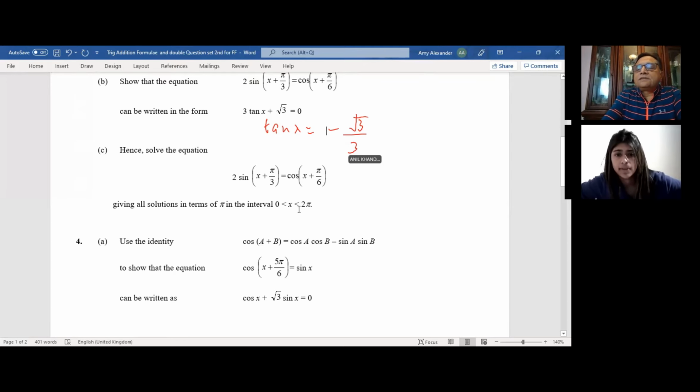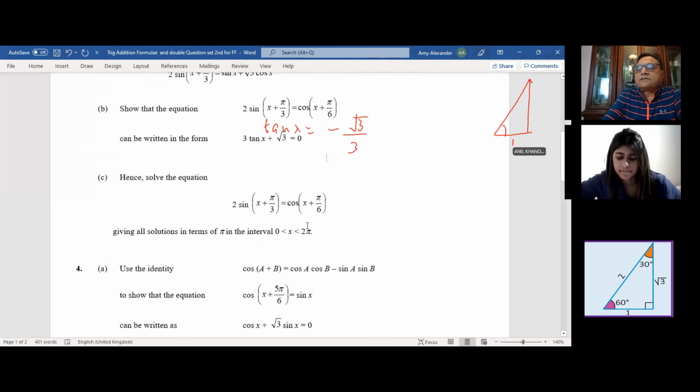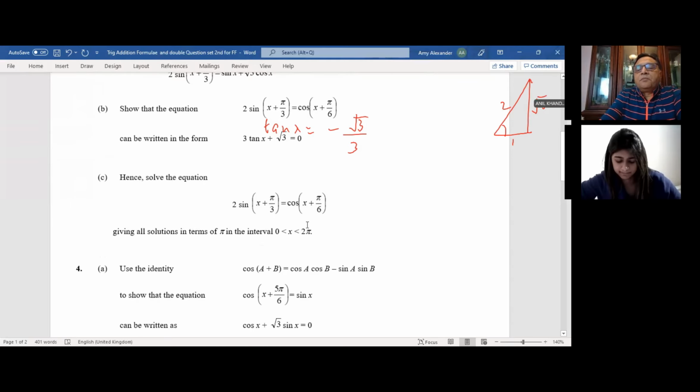Correct. So that is this particular triangle, which gives you again the same answer, square root 3. So tan is minus 1 over square root 3, right? That means we are looking from this angle, which is pi by 6, correct?